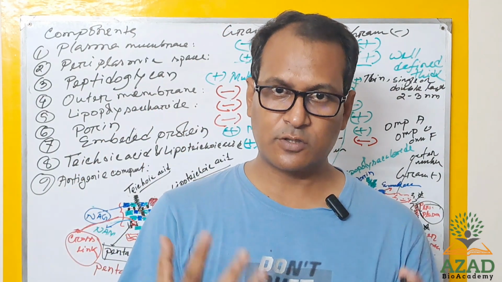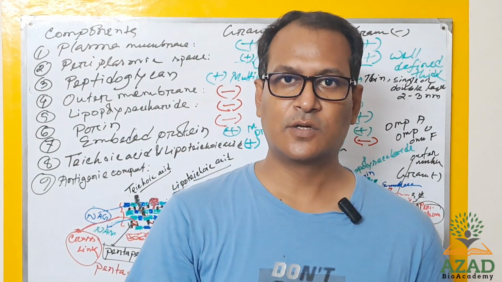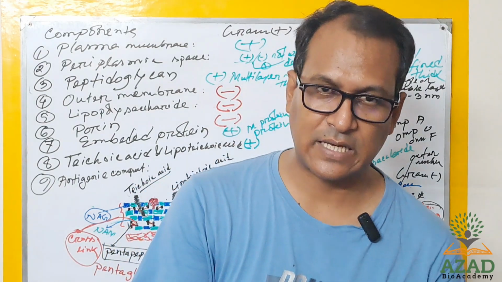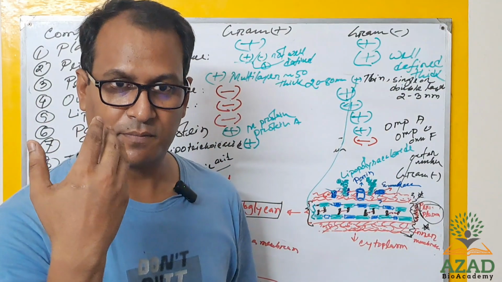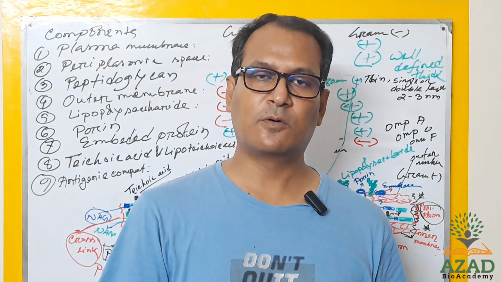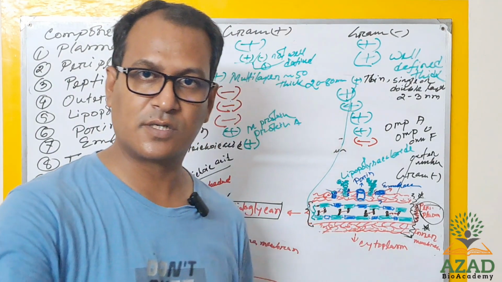But is it possible to capture the whole body at a time? Not possible. So your defense system, your defensive cells, basically your different WBCs, someone is responsible for engulfing, someone is responsible for recognition.